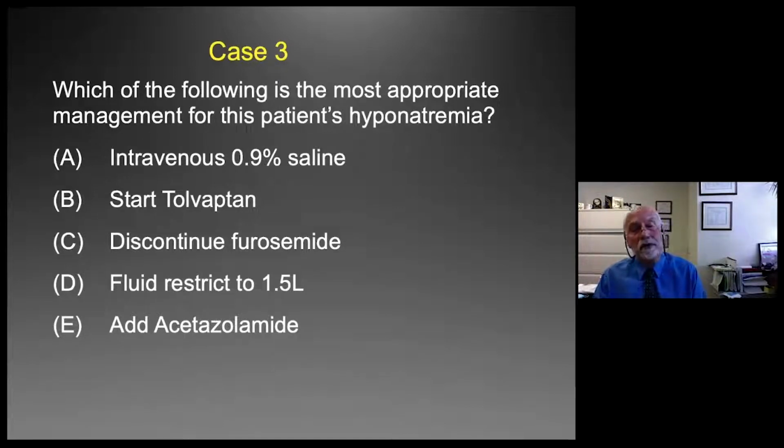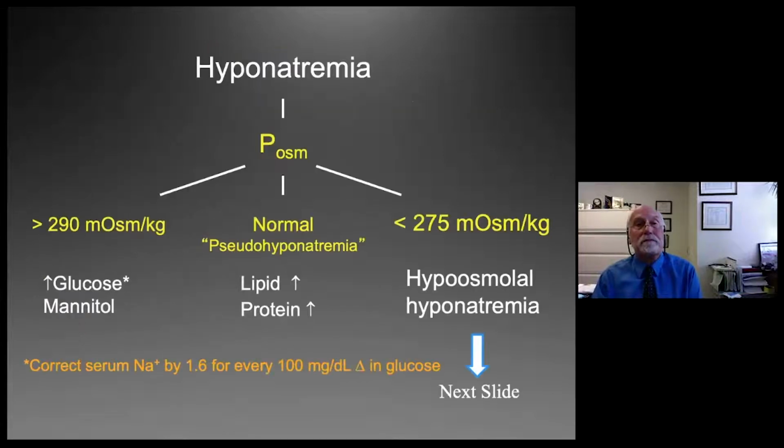Would you restrict her to 1.5 liters, or might you add acetazolamide? So I'll give you a moment to think about those choices, and then we'll move on. So if you think about this, hopefully most selected that we would want to fluid restrict her, and that these other choices, for reasons that we'll discuss, may not be appropriate.